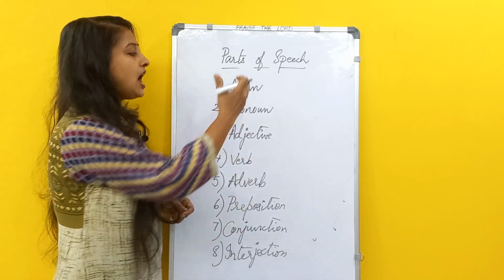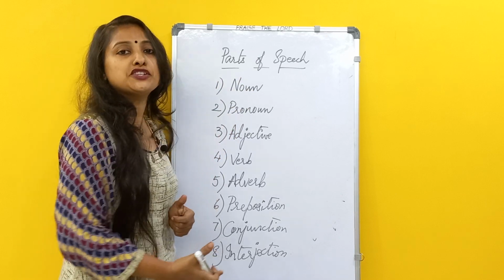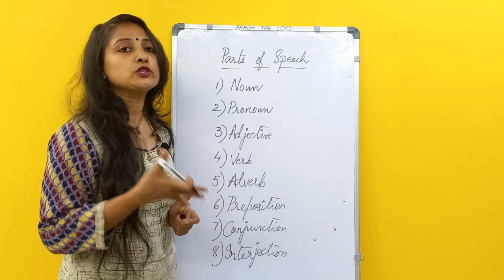Okay, so noun, pronoun, adjective, verb, adverb, preposition, conjunction and interjection. These are the 8 parts of speech.